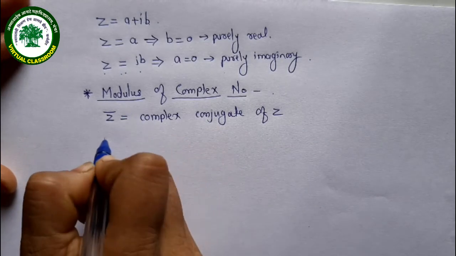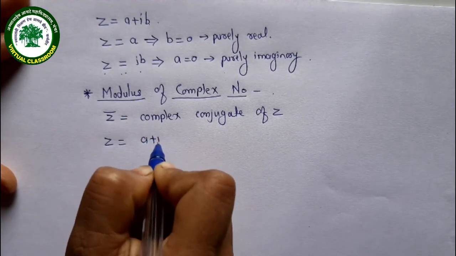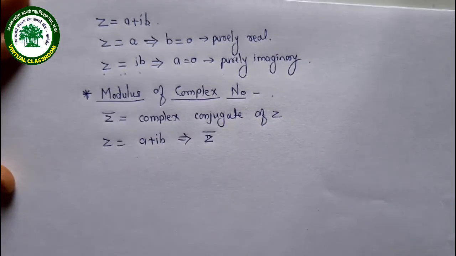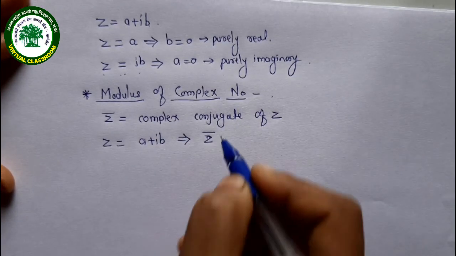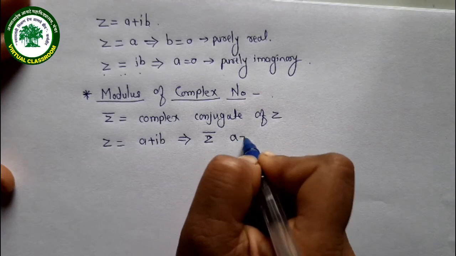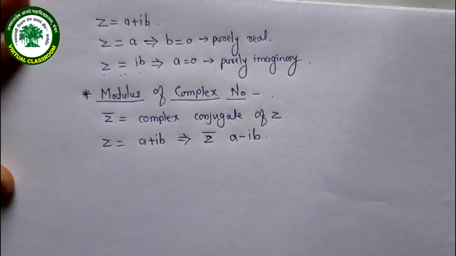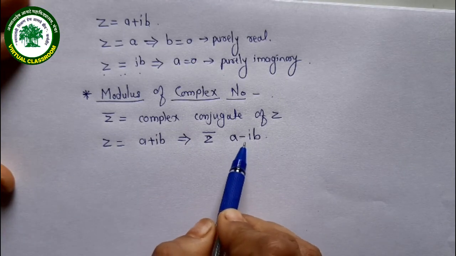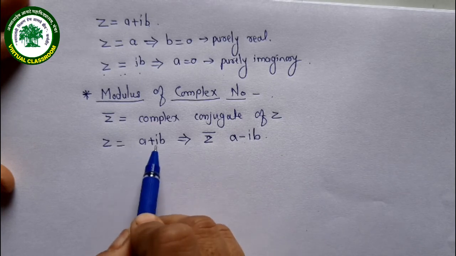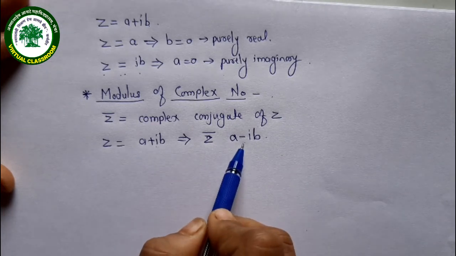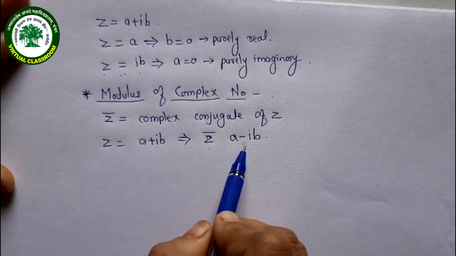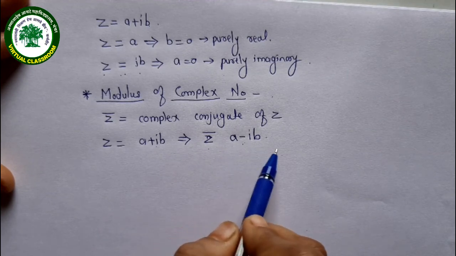If our z is a plus ib, then its corresponding z bar, the complex conjugate, would be a minus ib. In order to get the complex conjugate of z, we have only changed the sign of i. If it is plus, we have written minus. If it were minus, then its complex conjugate would be a plus ib.